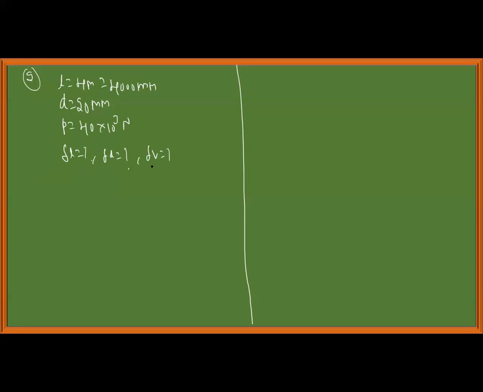Take Young's modulus E equal to 2 into 10 power 5 Newton per mm square and Poisson's ratio mu equal to 0.25. This is the problem.